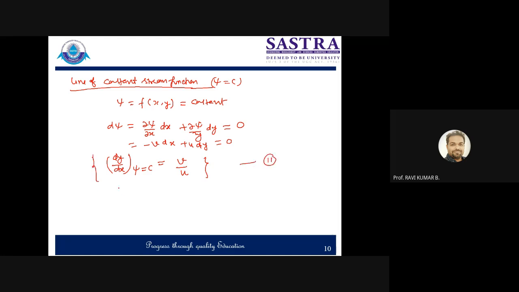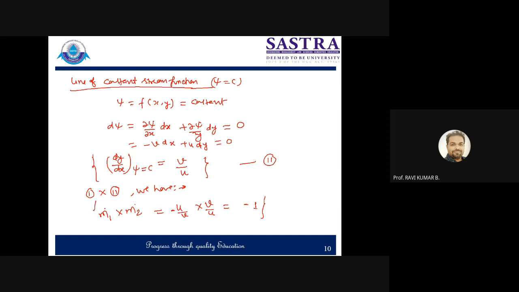So multiplying 1 and 2, 1 into 2, as we are saying slope, so we can say m1 into m2 is equal to minus u by v into v by u, that is becoming minus 1.